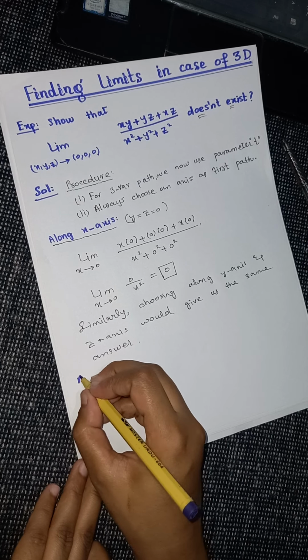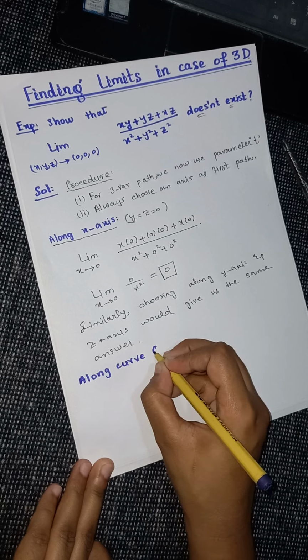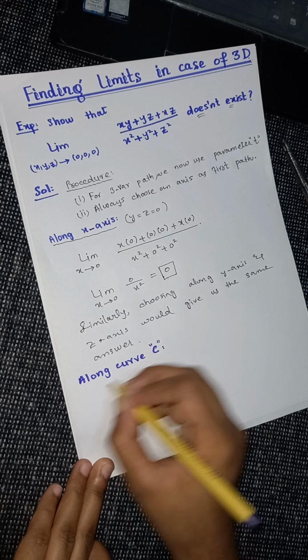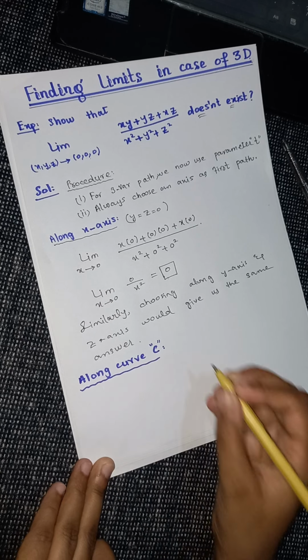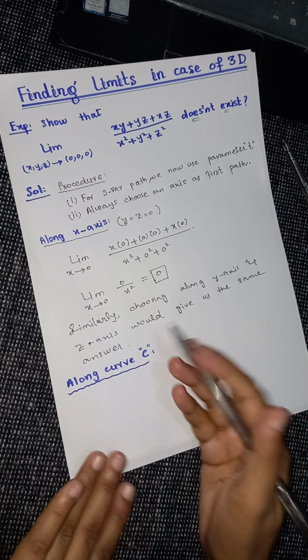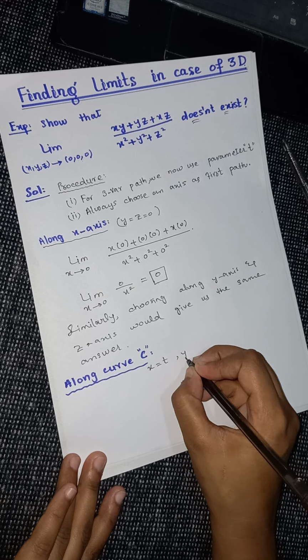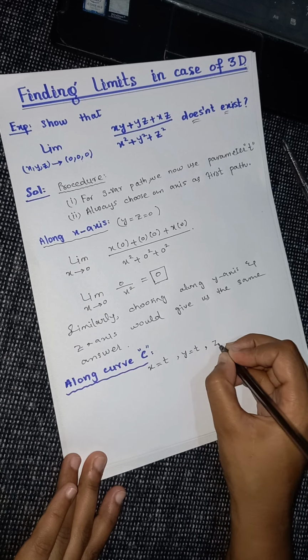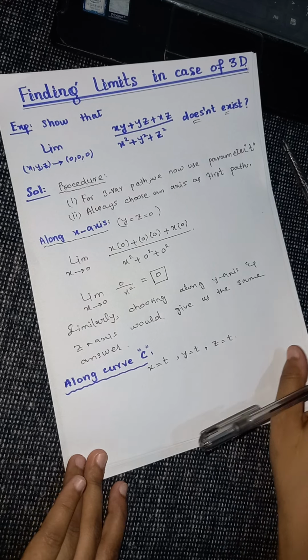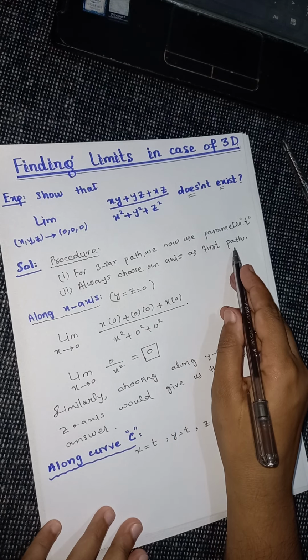Now let us choose along curve C. This particular curve is basically a parametric curve. For example, I substitute x equal to t, y equal to t and z equal to t.